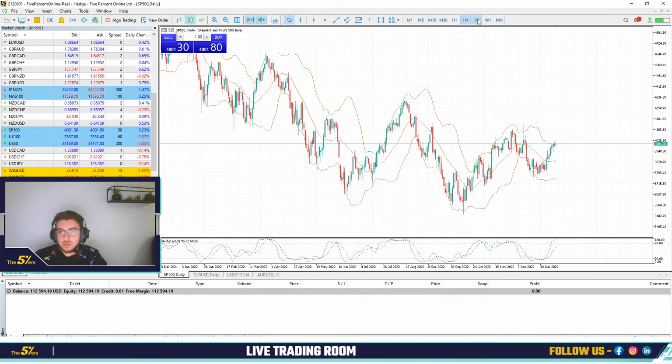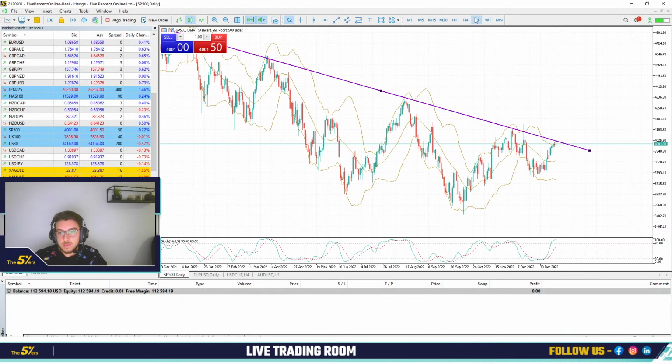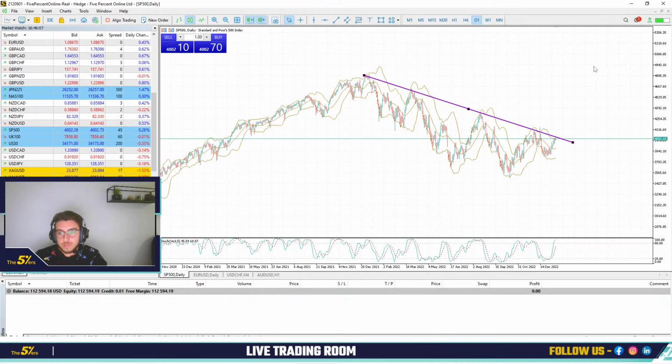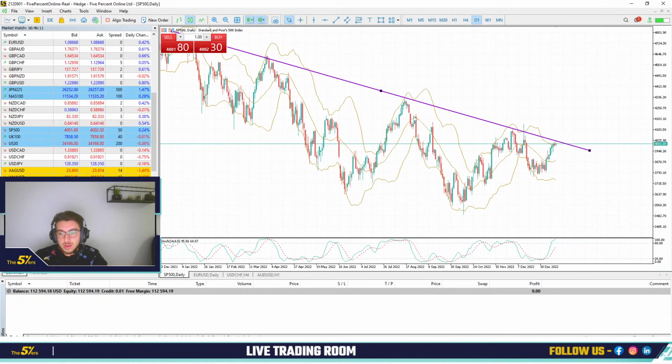If we take the daily chart, if we go even to the weekly, so you see, guys, if you make a big zoom out, the stock market didn't succeed to make a higher high.